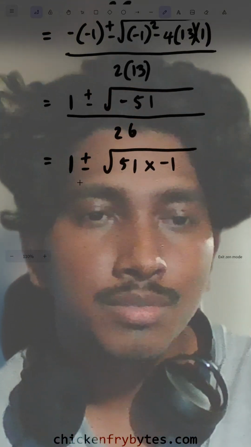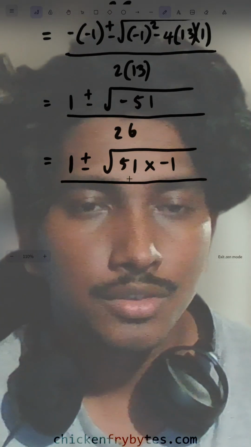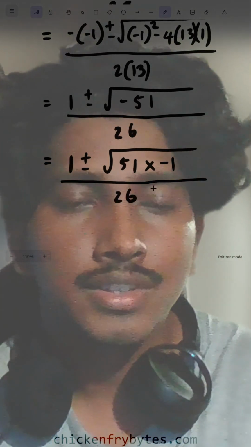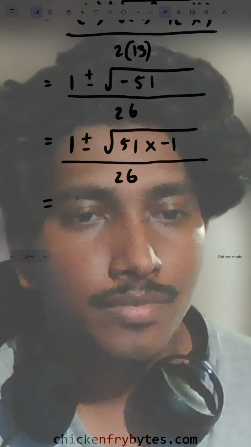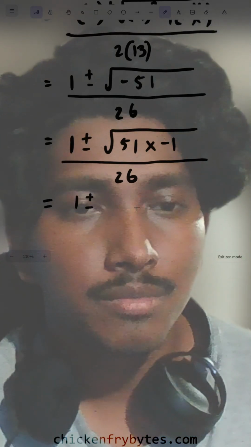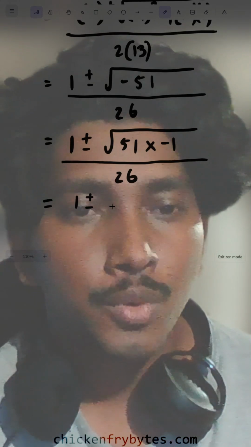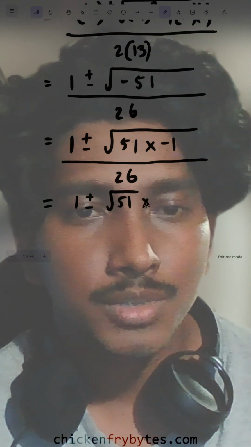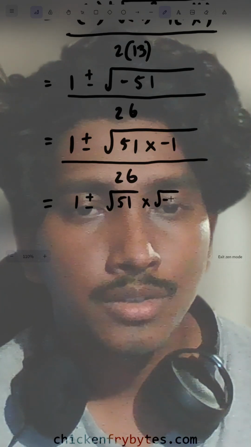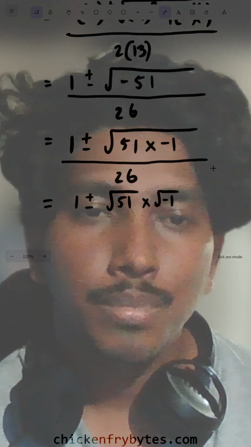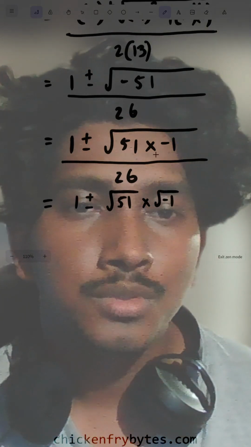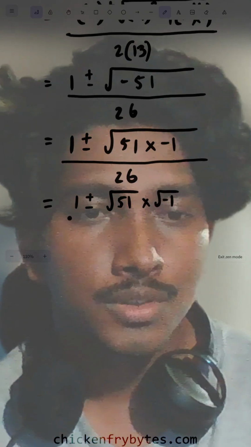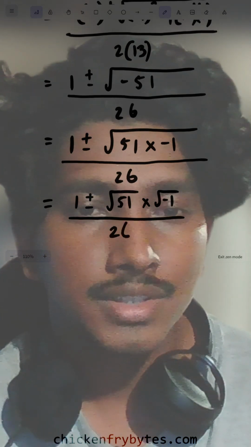And so we can split the square root sign between those two, the 51 and the negative 1, all divided by 26. This will end up being 1 plus or minus the square root of 51, which will stay by itself there, times the square root of negative 1. What we just did was the root of a product is simply the product of the individual roots, all divided by 26.